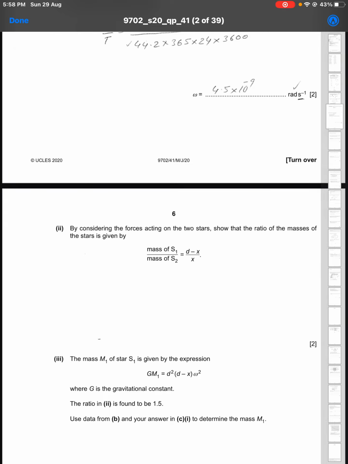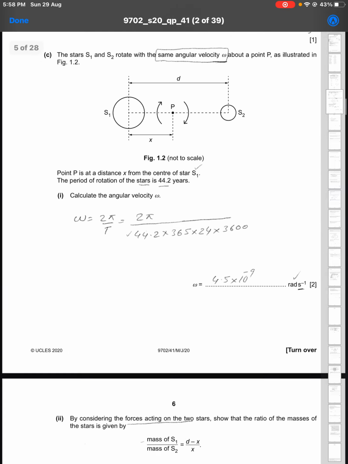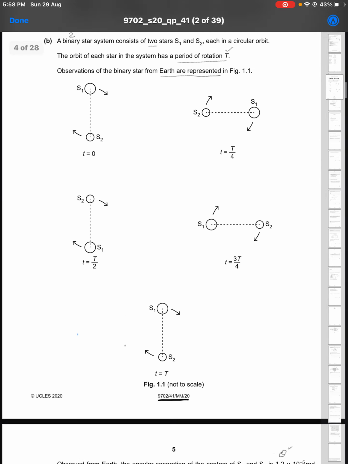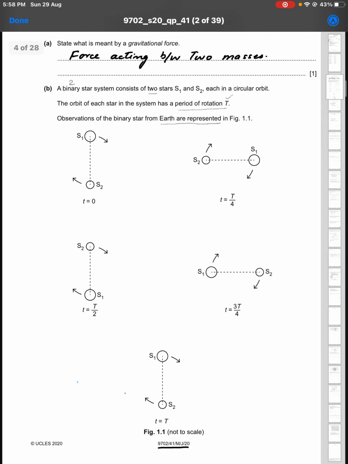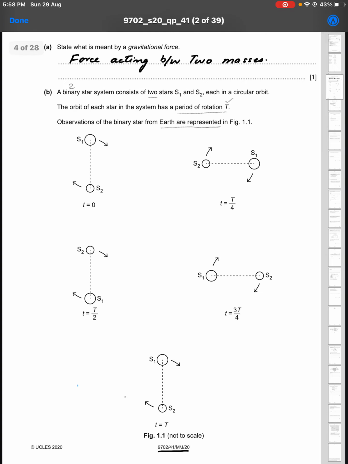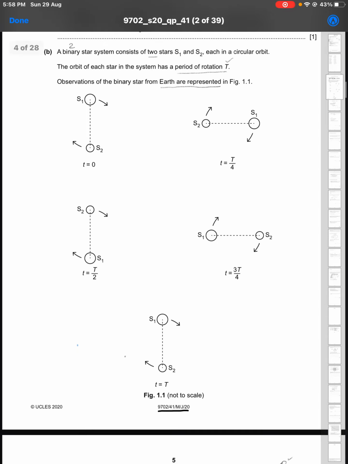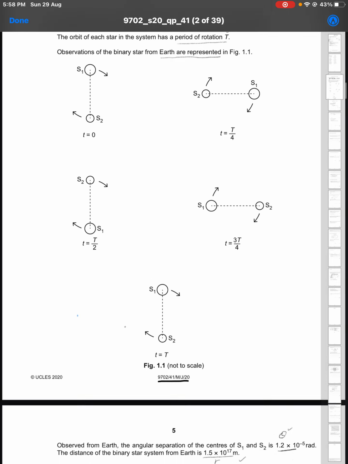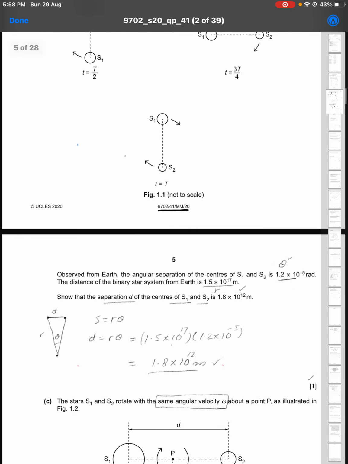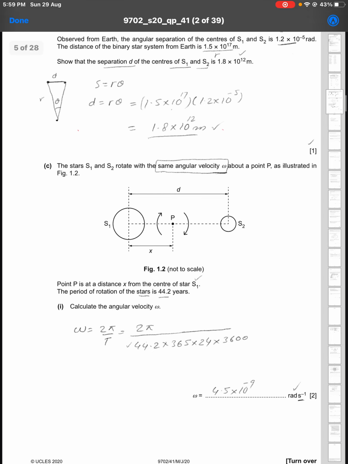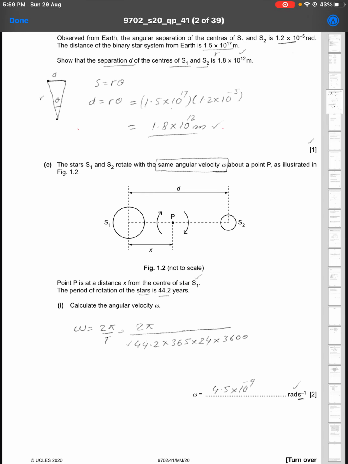By considering the forces acting on the two stars, the forces acting on the two stars are shown in this diagram. Okay, listen. In the very beginning, these are two masses. This diagram is given, one complete rotation is given, and in this rotation you can see the line of action of force is the same everywhere. And you know well, two masses apply a force on each other.